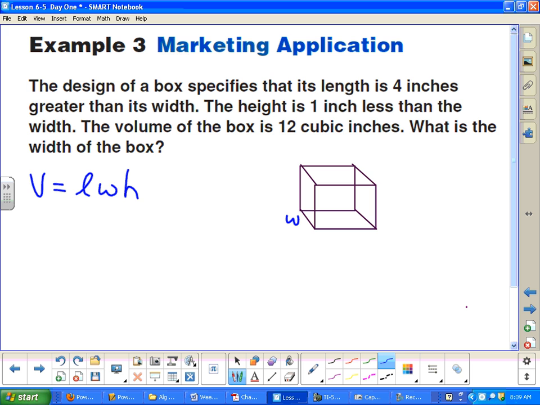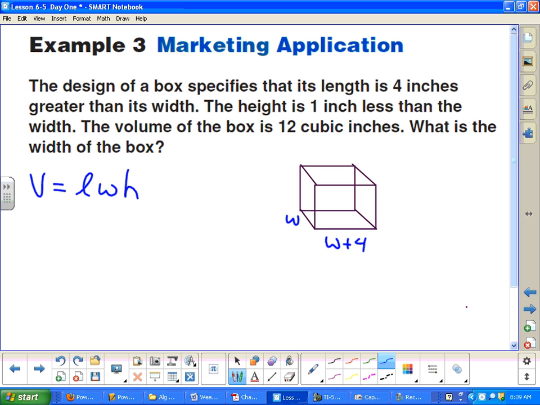So if the width is W, how do I represent the length then? It's 4 inches longer, right? 4W would be 4 times longer. So the length would be W plus 4.